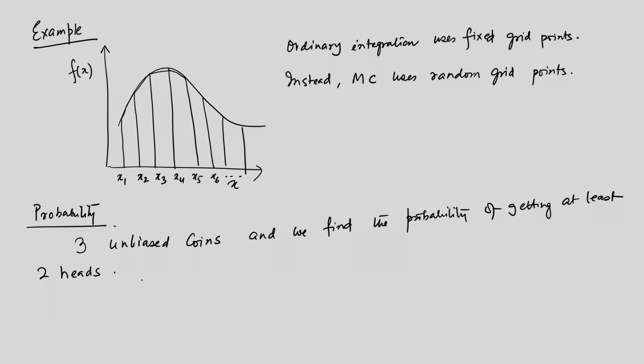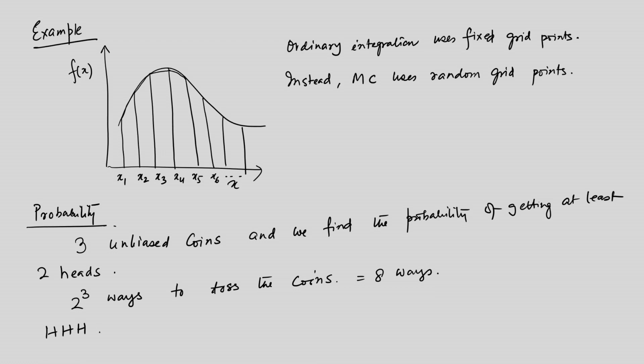Now you understand, because there are 3 coins and there are 2 possibilities each, there are 2 to the power 3 ways of tossing the coins, which means 8 ways. What are the 8 ways?